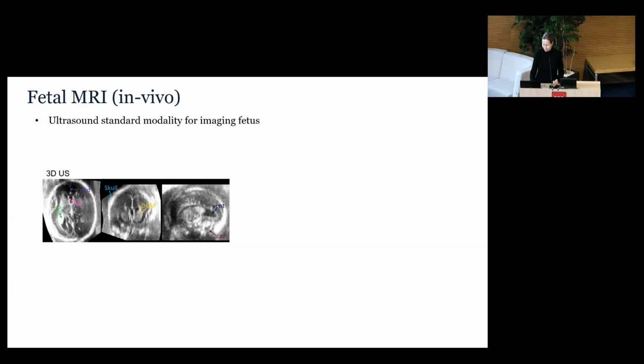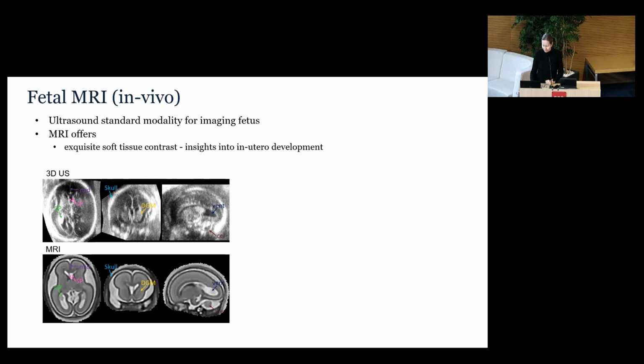All right, so of course, ultrasound is the standard modality for imaging fetus, and just for comparison, this is the type of data that you get if you do 3D ultrasound. This comes from my work in Oxford. But obviously, we all want to work with MRI, and the reason is clear because the image quality we get is really good.